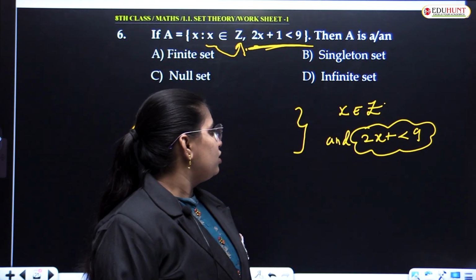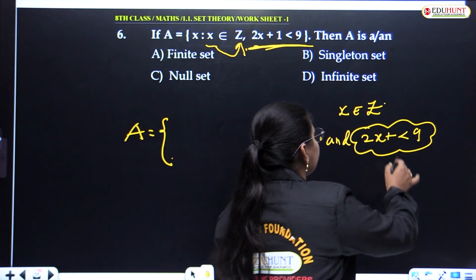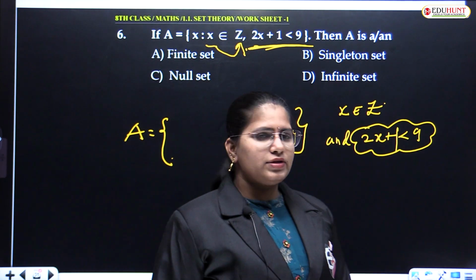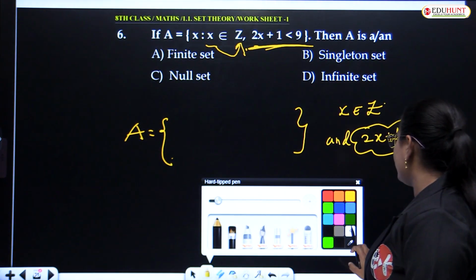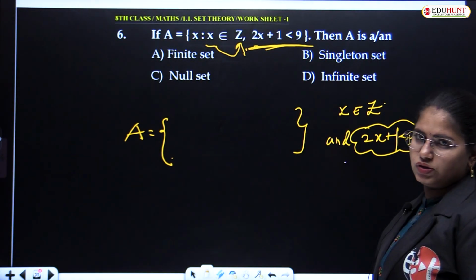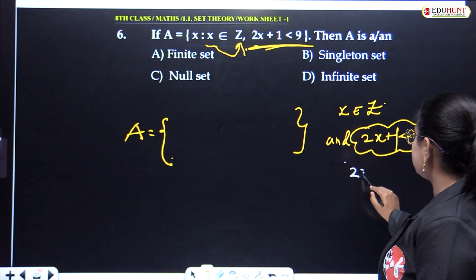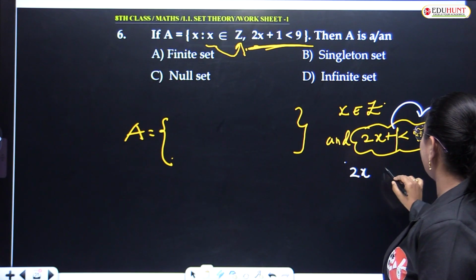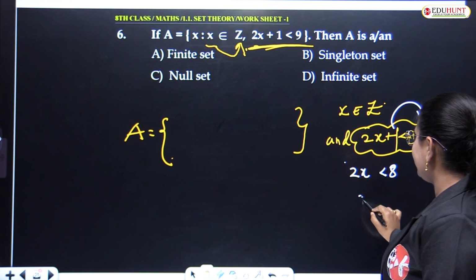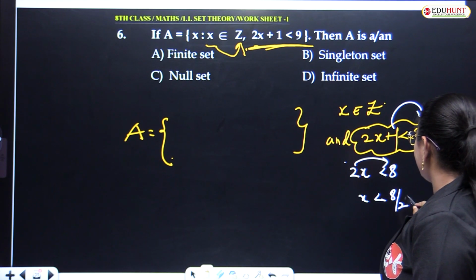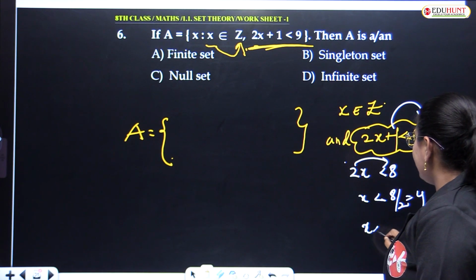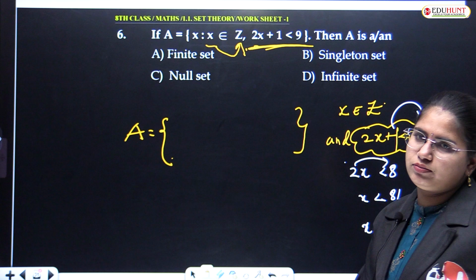So 2x plus 1, right? Which satisfies this inequality. So how to do it? What kind of elements exist? So 2x, transfer 1 to that side, 9 minus 1 is 8. x, transfer this 2 to that side, 8 divided by 2 is equal to 4. x value is less than 4.